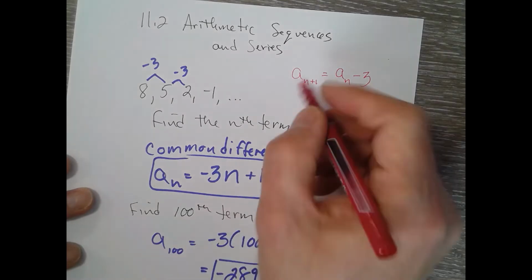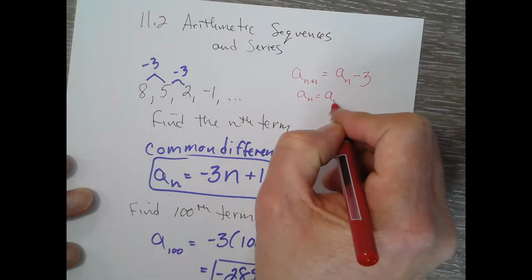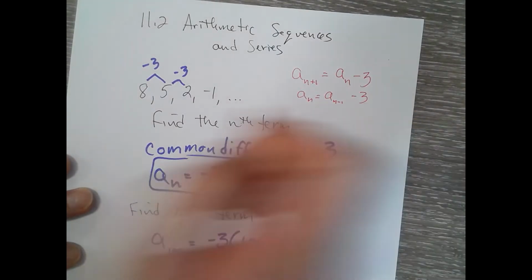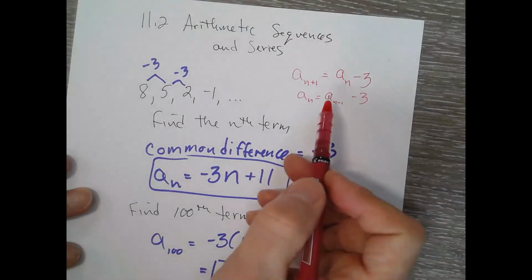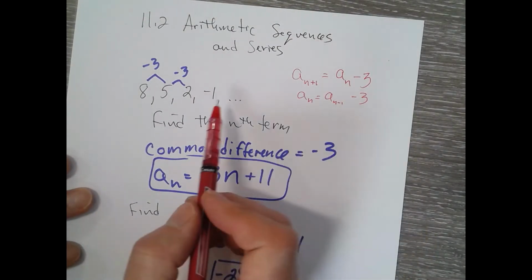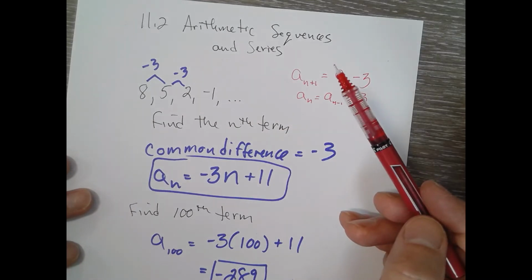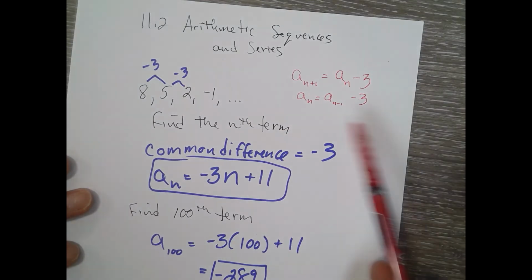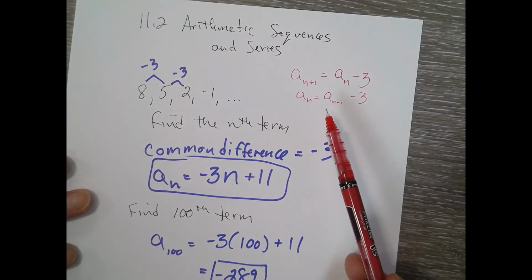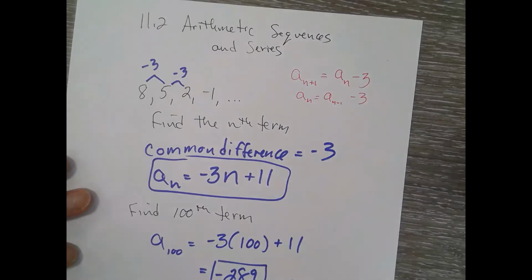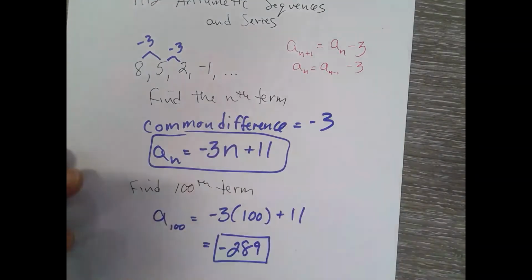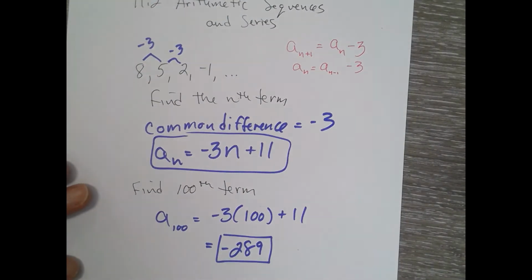Or you could say, to get the current term, you take the previous term and subtract 3. So that's recursively defined. That works great once you see what the pattern is, but if you're asked to find the 100th term, if you just know the recursive, then you just have to keep subtracting 3 100 times to get to your term. So it's better to find the nth term explicitly, and then you can plug it in.